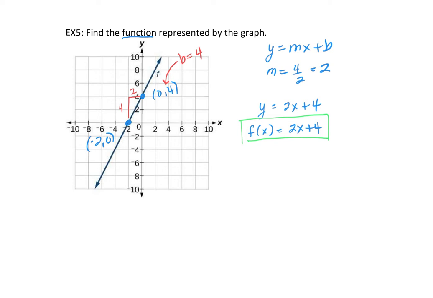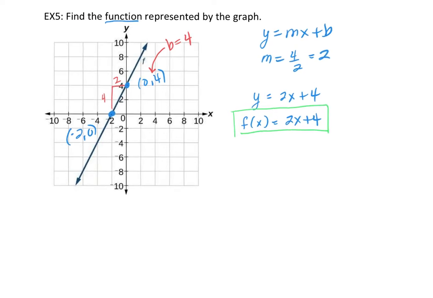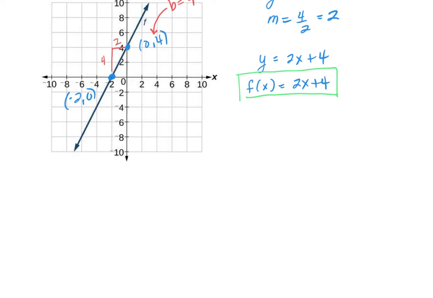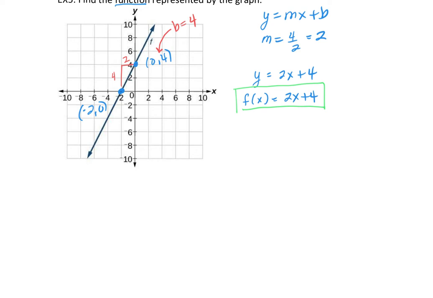Now I counted to find the slope, but what if I were to use the slope formula, which is fine. I have 2 points. Maybe I'll call (-2, 0) the (x1, y1), and maybe (0, 4) the (x2, y2).